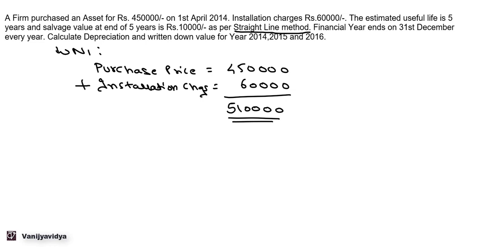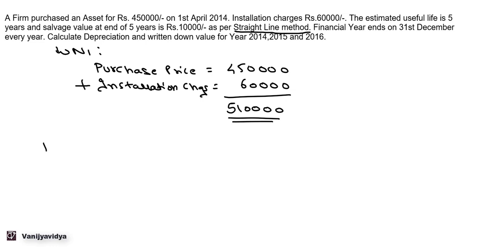Now this 5,10,000 has one salvage value of 10,000. So 5,10,000 minus 10,000 will give you the depreciable amount. This depreciable amount needs to be allocated over the period of its useful life, that is 5 years.